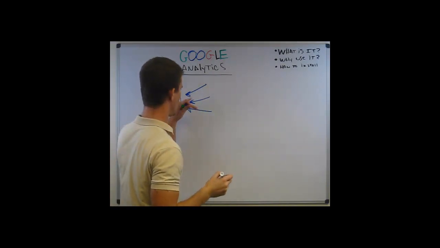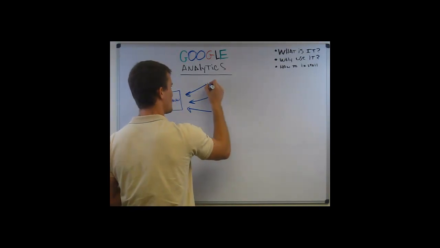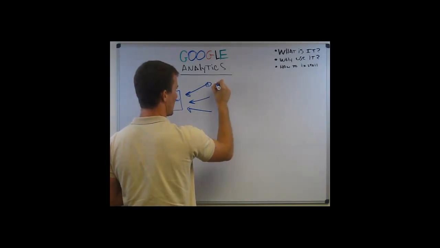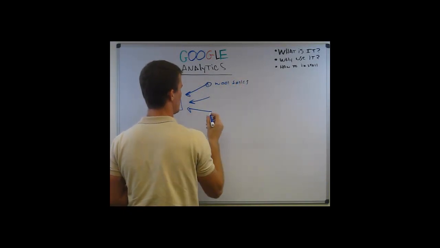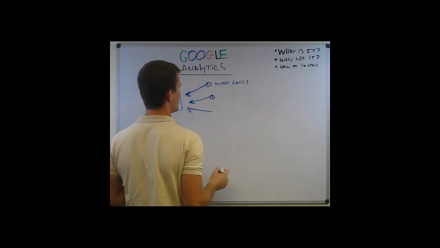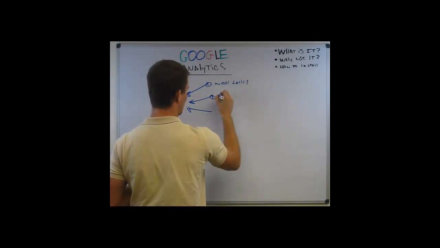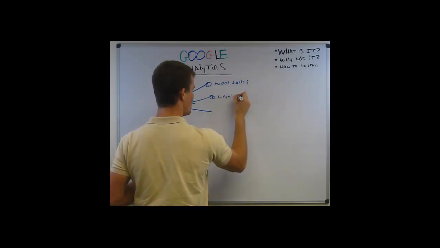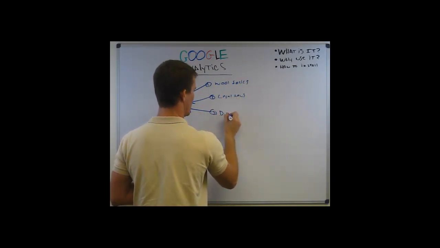Now each one of these pieces of traffic has come into the website via a different keyword. We'll say that person 1 came in using the keyword wool socks. We'll say that person 2 came into the website using the keyword, I don't know, legal news. And person 3 just directly came to the website.